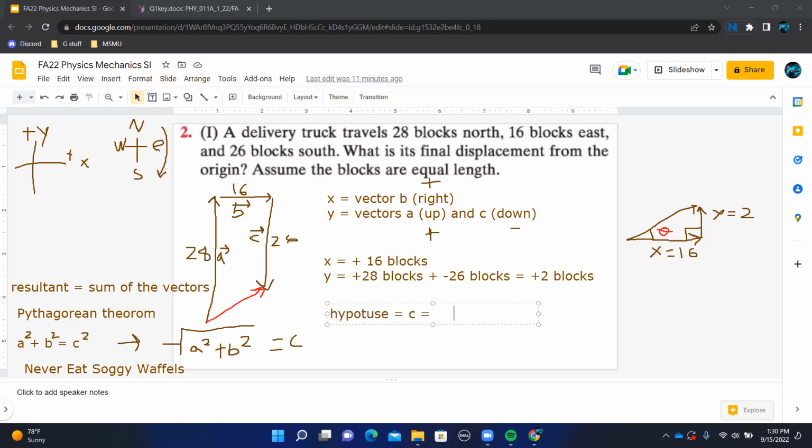I'll use some room for the square root. 16, squared. It's also squared. And all of this is under the square root.